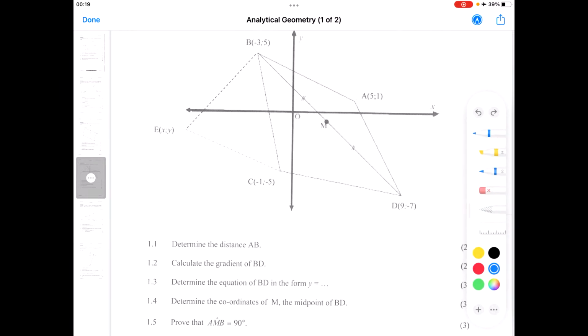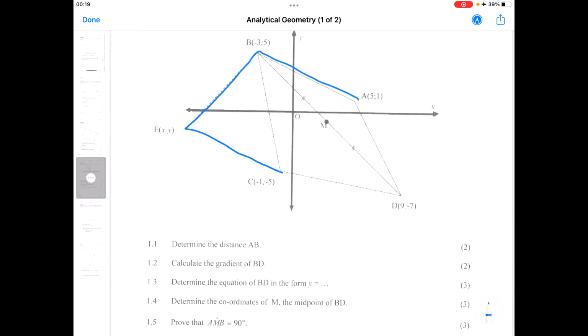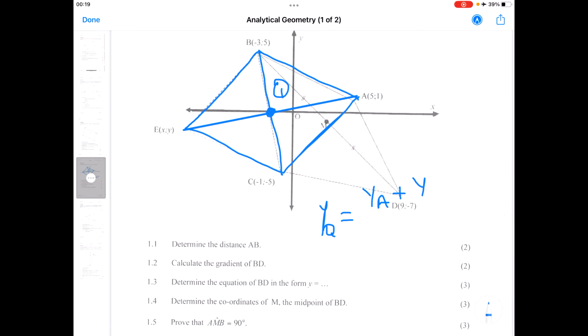So, from A to B, there, and there. What I said was that and also that. It's got a common point being that one, and that point, we assumed it to be Q. So for the y value, y at Q is equal to y at A plus y at E, divided by 2.